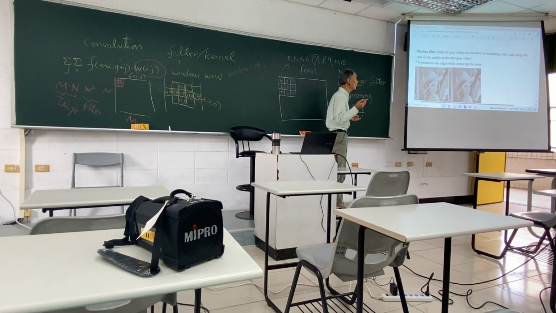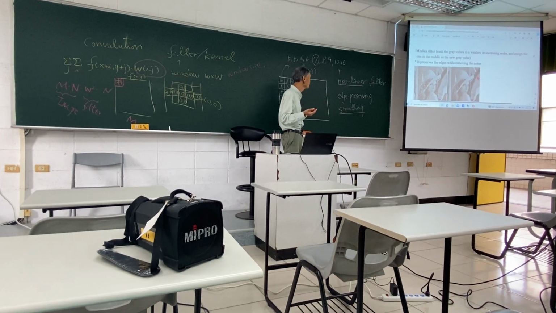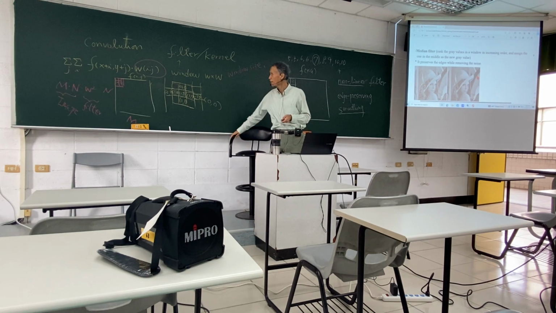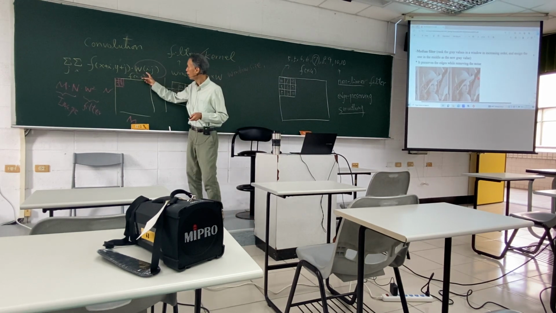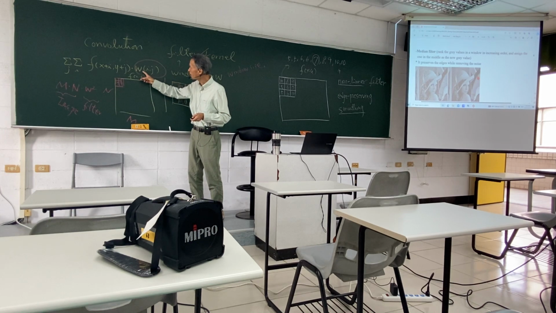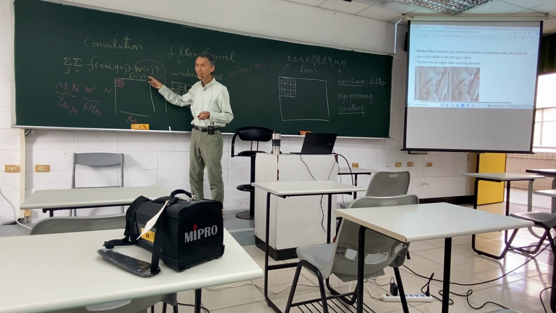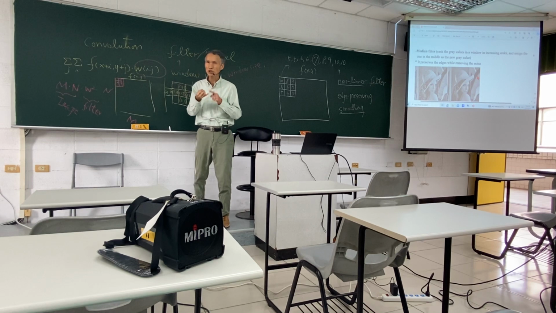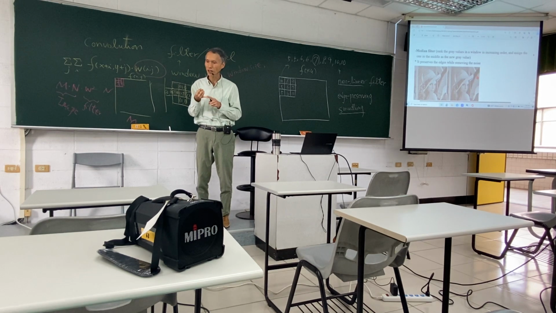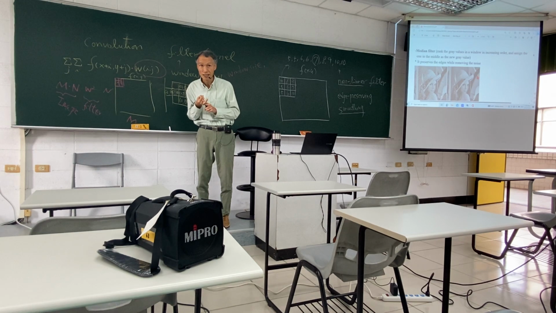But what could be the disadvantage of median filtering compared with the average? When I say the calculation, if I use integers as the elements, as I keep mentioning, the calculation of integers is faster than real numbers.